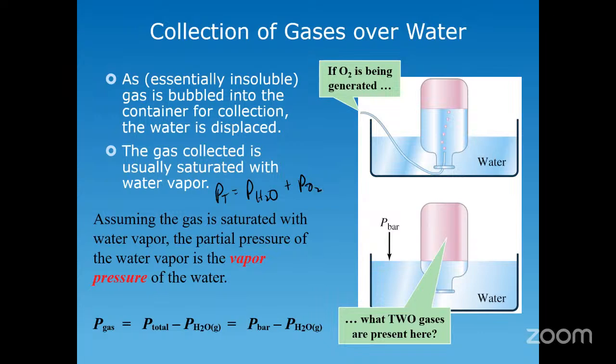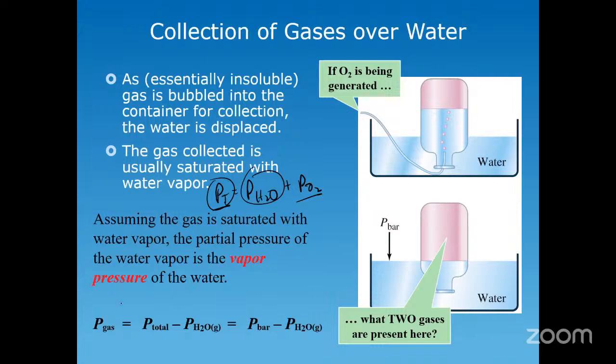So basically, if we know the total pressure, of course, we can do that using the barometer, if we have that in the lab. And if you know the vapor pressure of the water, which you can determine because there are actual tables that give you the vapor pressure of water at different temperatures, right? So if you know these two items, then you can easily calculate the pressure of the oxygen.